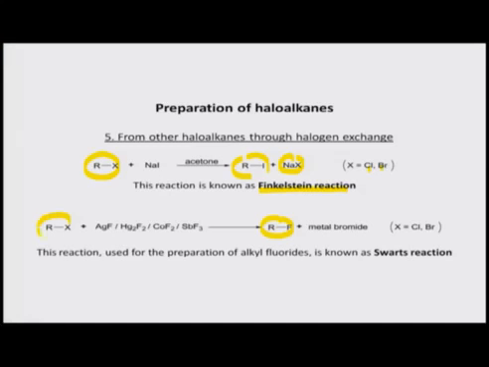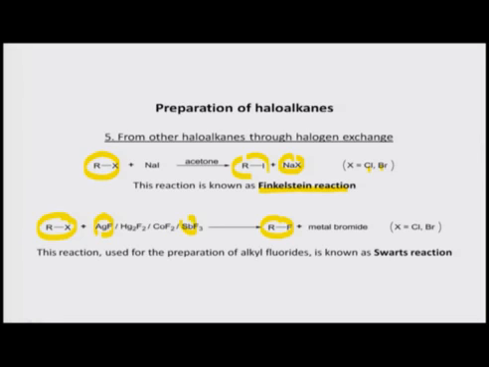Using a rather parallel method, we could also make fluoroalkanes starting from chloroalkanes or bromoalkanes. In this case, we use certain metal salts of fluorine where the metal has a better affinity for chlorine and bromine. Such examples include silver, of course, then mercury, cobalt or antimony.